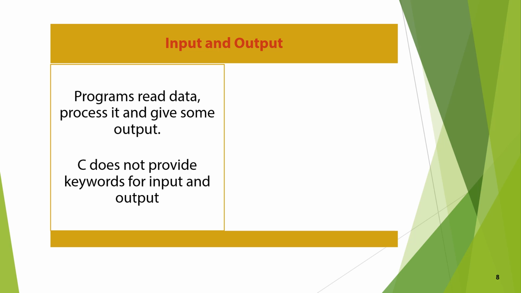Now what is the job of the program? Our program reads that data, processes or manipulates it depending on the instructions written in the program, and then generates some output. We know that C does not provide any keyword for input as well as for output.